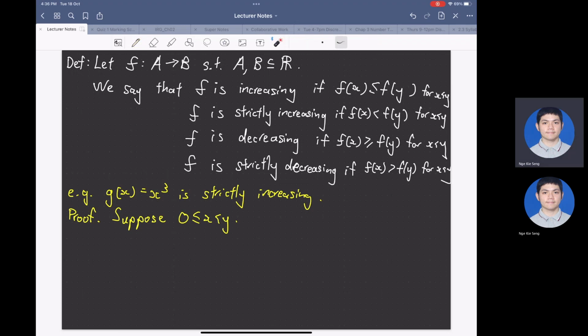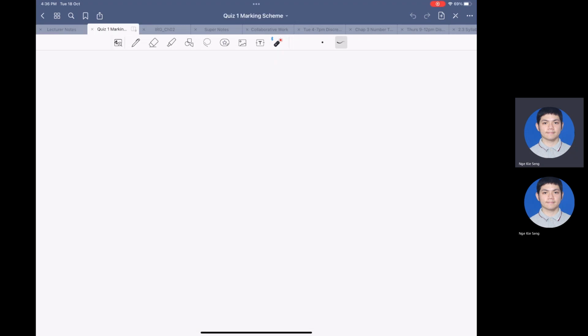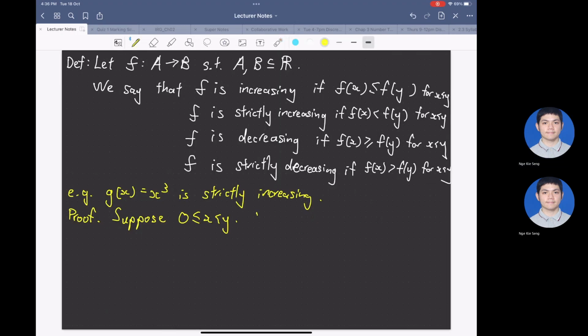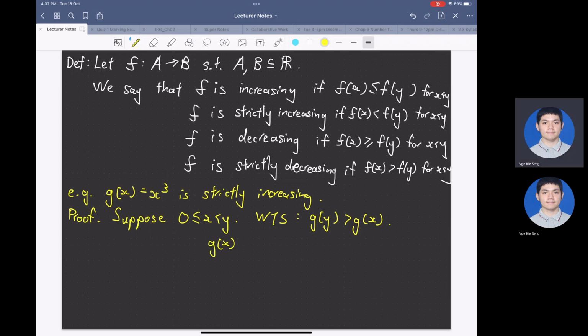So you need to check that after applying g, the condition holds. Want to show g(y) is greater than g(x). Right. So what's g(x)? g(x) is x cubed, which is x times x times x. Right. So I can replace one of them with y first.